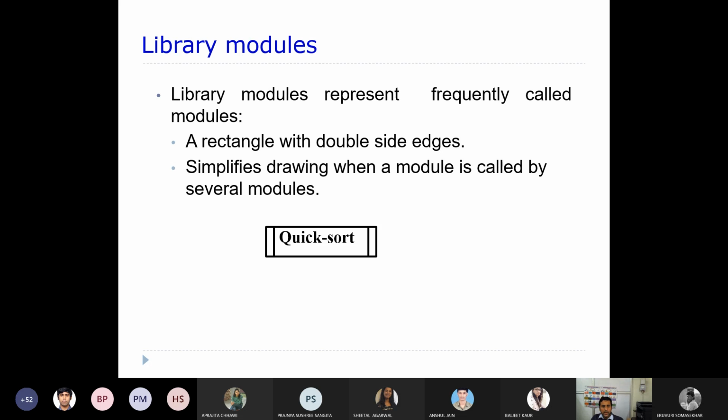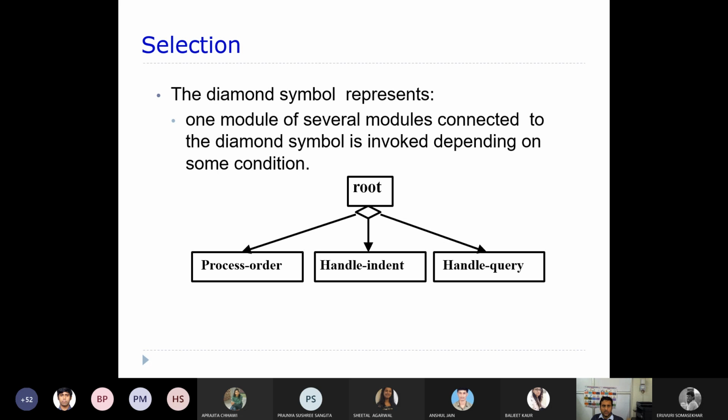And the diamond symbol represents that one module among several modules connected to the diamond symbol is invoked depending on some condition. So when a certain condition is met, the process order module is called. If some other condition is met, the handle indent module is called.